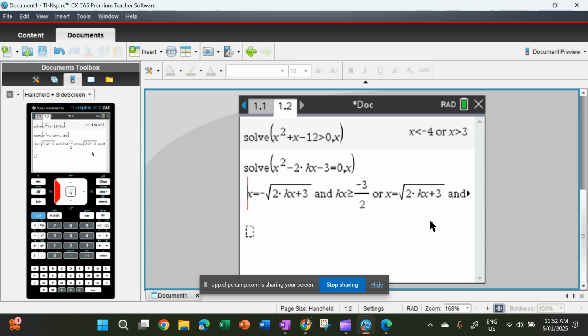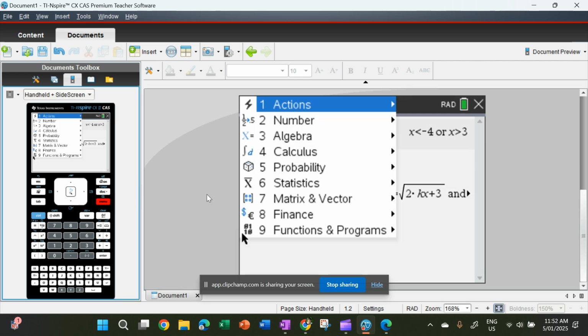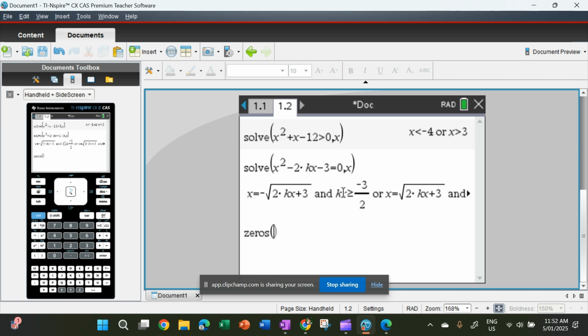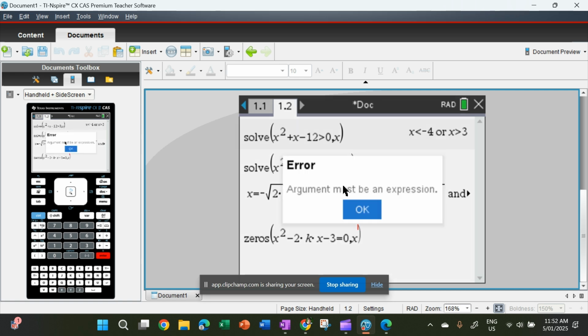I also want to show you another, fancier way, which is Algebra and Zeros. We type x squared minus 2kx, but this time I want you to press 2 times k times x just in case, minus 3 equals 0, comma x.